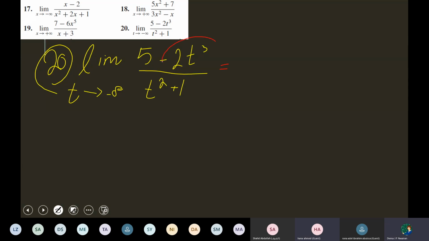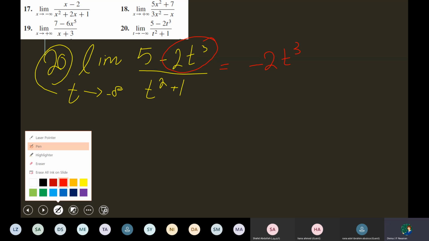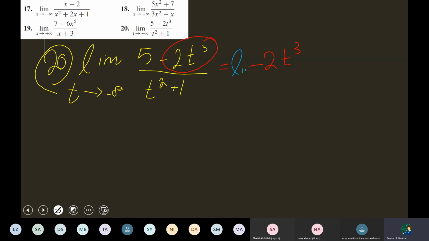What is the greatest power here? Negative 2t cubed, don't forget the negative. Okay, over t squared.